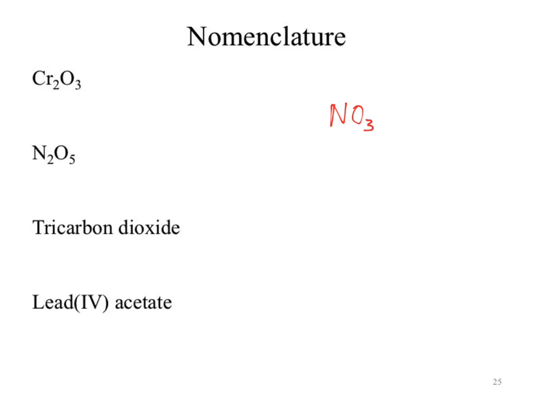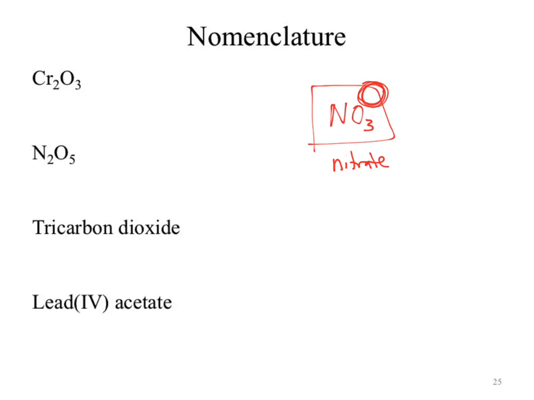Let's see how well you guys were studying. Name of that compound. I heard a lot of people shout nitrate. And unfortunately, you're wrong, because that is not nitrate. That is nitrogen trioxide. What's the difference? There's no charge.